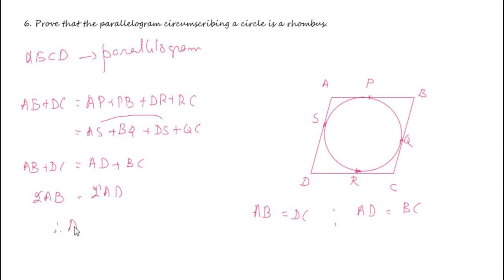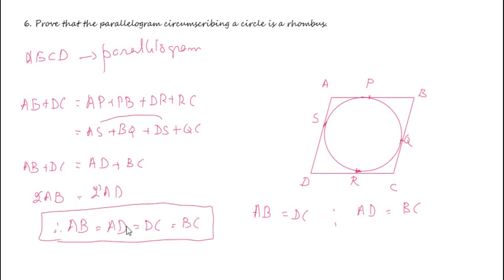Therefore AB equal to AD, but AB equal to DC also, and AD equal to BC, so this is also equal to BC. That means all the four sides of this parallelogram are equal. Therefore this is a rhombus.